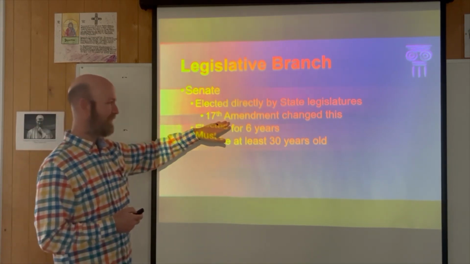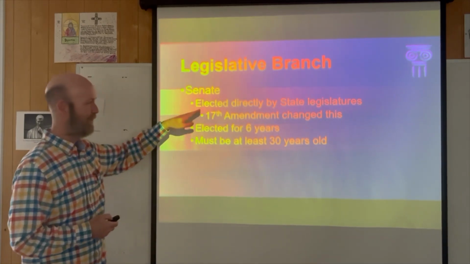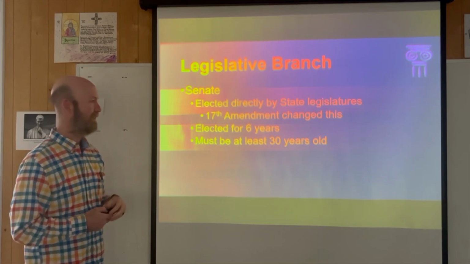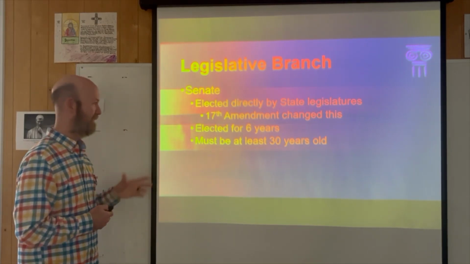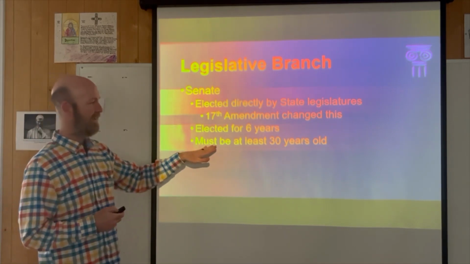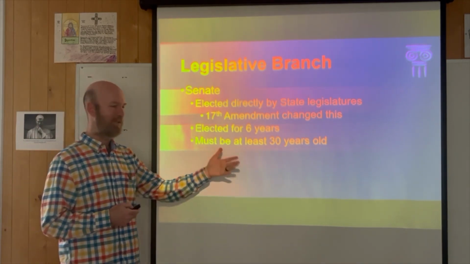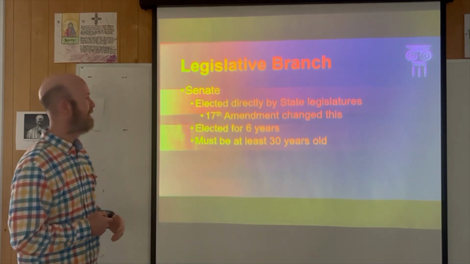But this all changed with the 17th Amendment. Now we elect senators directly, and this has had some pretty big impacts on the government over time. But originally, legislatures elected senators. They're elected for 6 years, and they also have to be 30 years old. A little bit older. Again, they're supposed to be a little bit more mature, a little bit wiser.